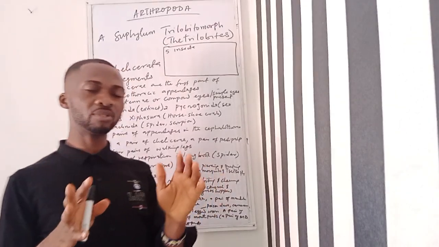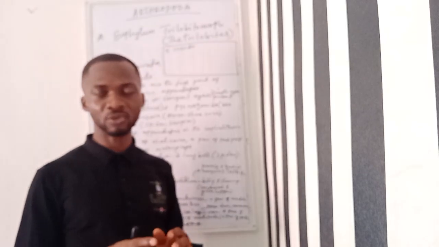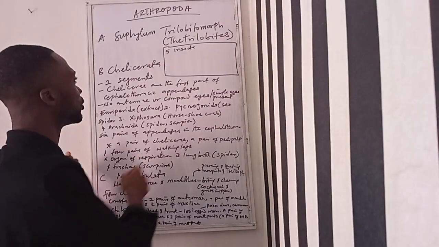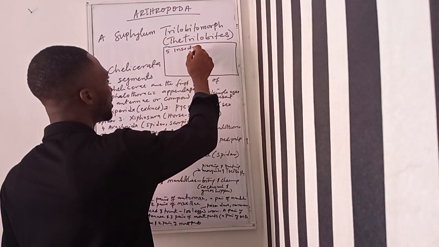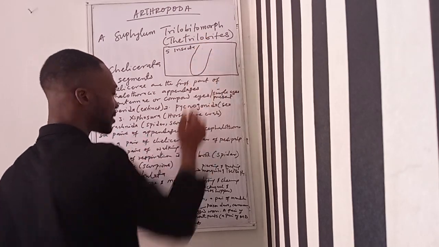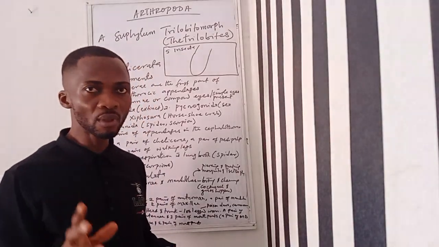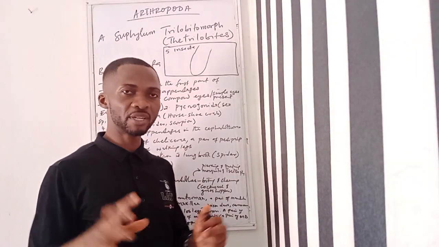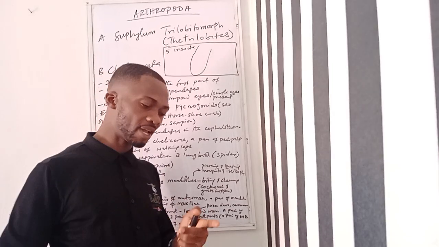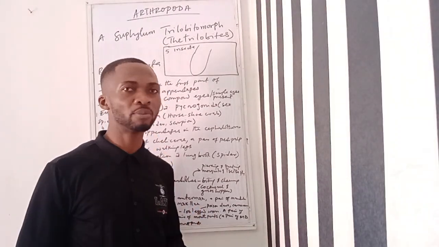If you look at their body, you discover that they are flattened and oval in shape, very flattened in terms of the shape. Their body is divided into three different parts: the head, the thorax, and a very reduced abdomen.